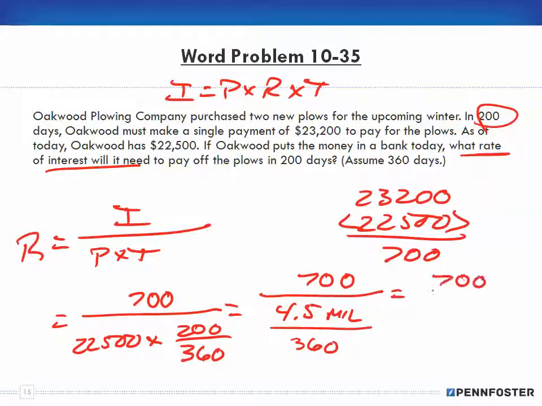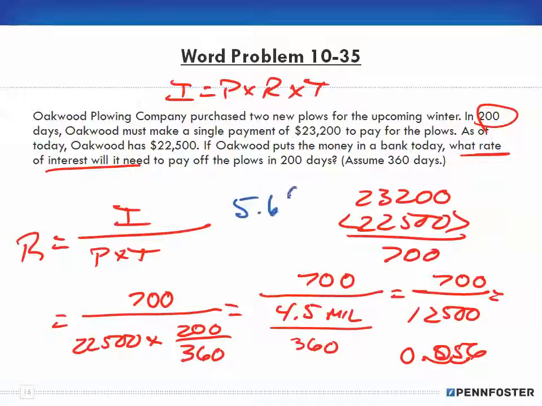So I keep my 700 in the numerator, I take my 4.5 million and divide it by 360, and that gives me 12,500. When I divide the 700 by the 12,500, I get 0.056. And I move the decimal place over 2 places, so my answer ends up being 5.6%.